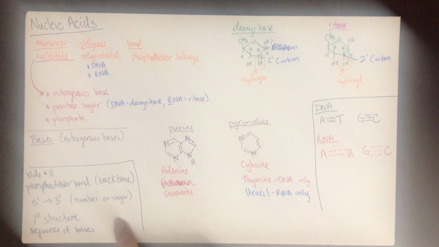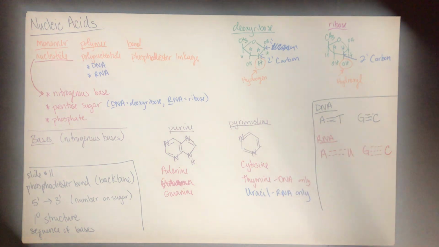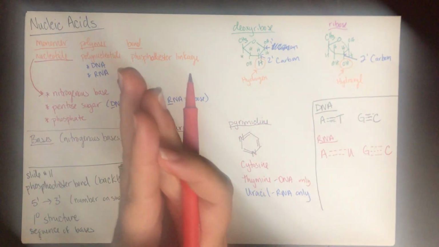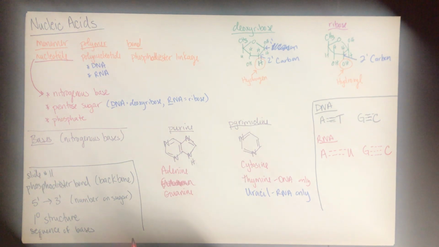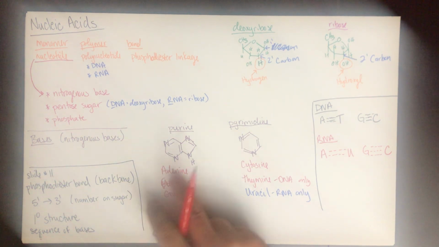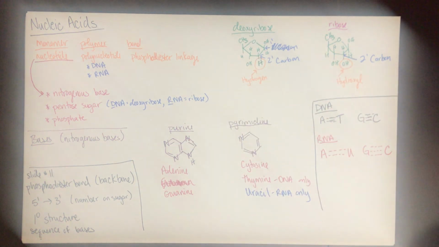The phosphodiester backbone, this is the covalent bond that holds the polymer together. The secondary structure would be the hydrogen bonding between complementary base pairs. And you should be able to identify the difference between a purine and a pyrimidine, not draw the specifics. Also, you should be able to identify the difference between a deoxyribose and a ribose.